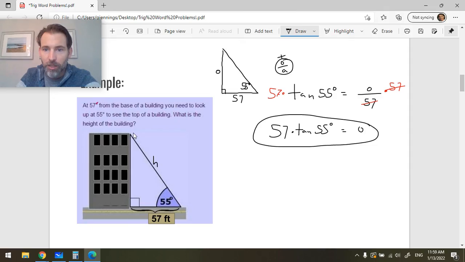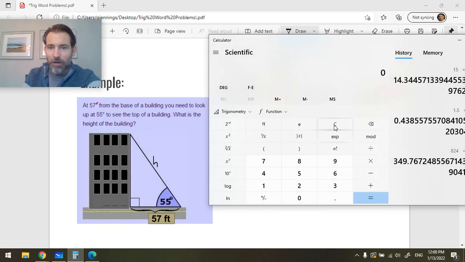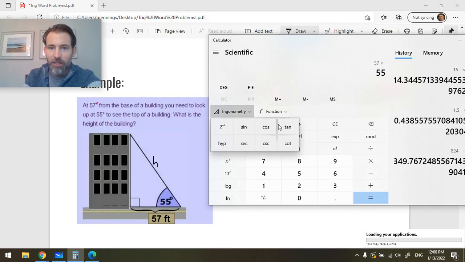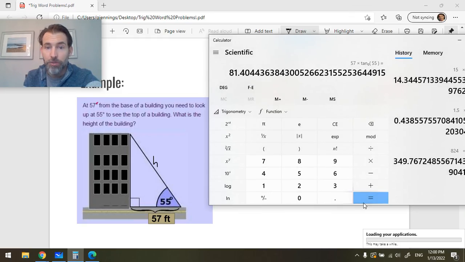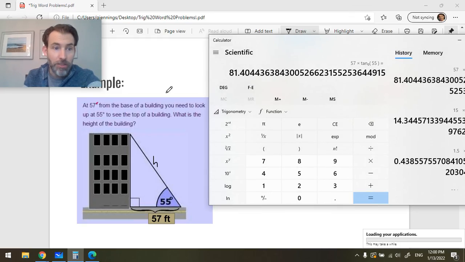Let's punch that into our calculator and see what it says. Clear everything. 57 times 55. Take the tangent of it. That is the tangent. Okay, so that's not the answer. That's the value of tan 55. That's saying this is 1.4 times as long as that. Then push equals. 81.4. See how great that guess was? 75, now 81.